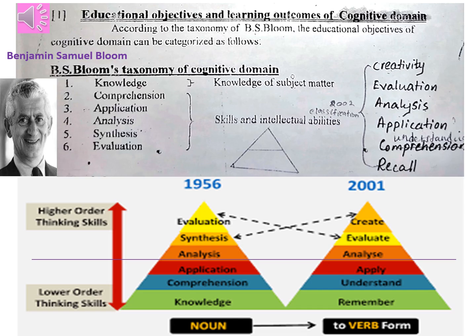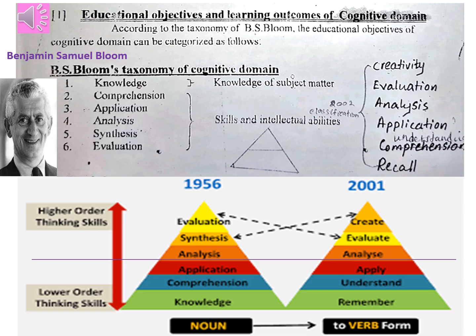So that's the way you'll have to explain this, right? According to B.S. Bloom, there are 6 steps one should follow in order to develop the knowledge. What are those 6 steps? First one, the base is knowledge.